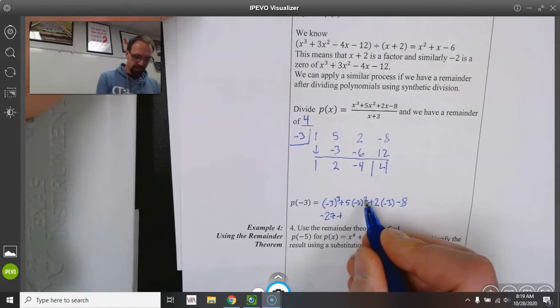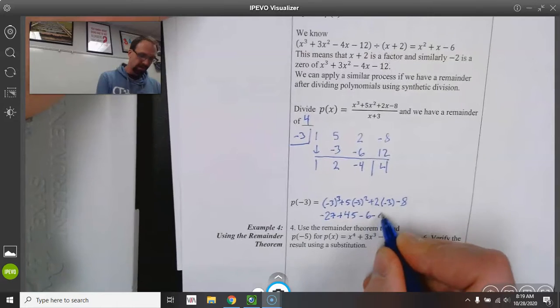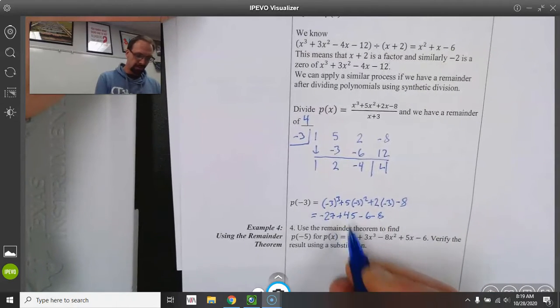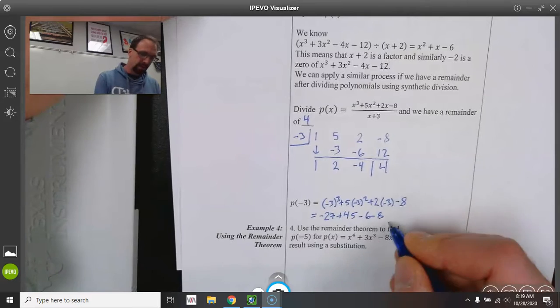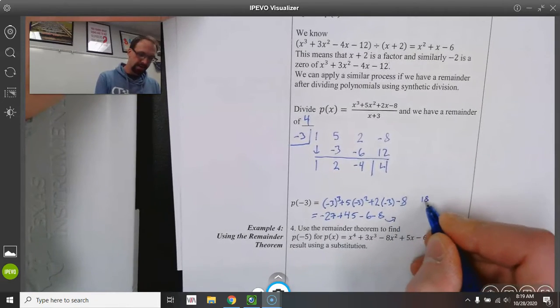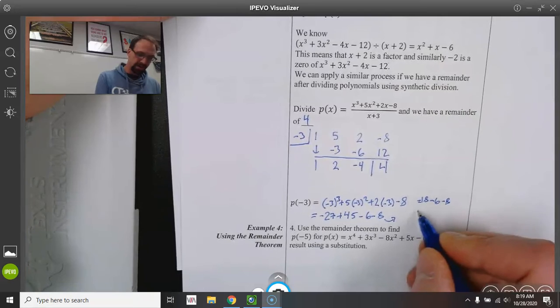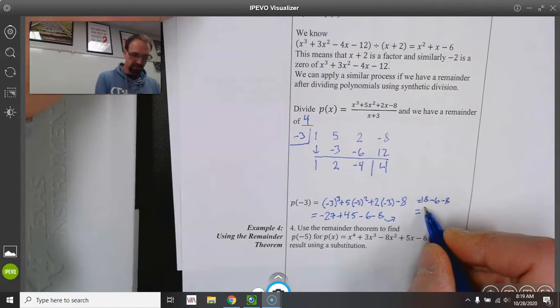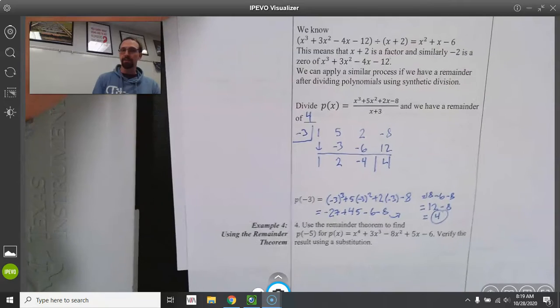Plus, so this is going to be a positive 9. 9 times 5 is 45, plus 45, minus 6, minus 8. Then we go from left to right. Negative 27 plus 45 is a positive 18. So I have 18 minus 6 minus 8. 18 minus 6 is 12. And then 12 minus 8 is 4.